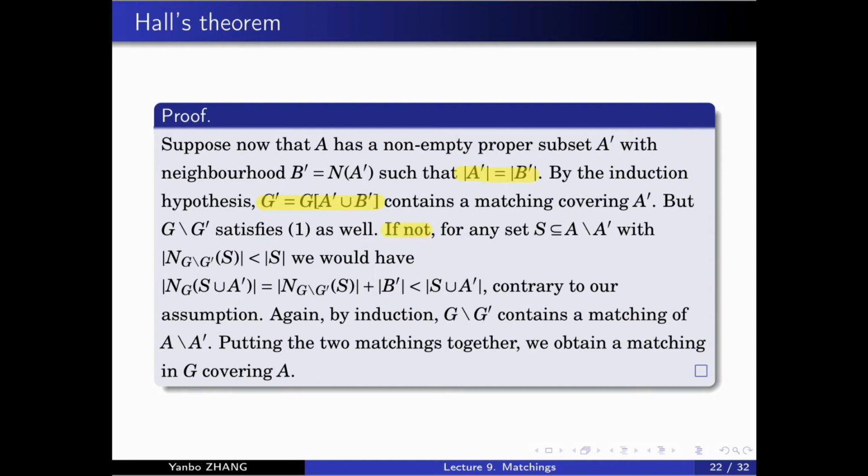If not, for some S, which is a subset of A minus A', with the neighborhood of S in the graph G minus G' less than the size of S, we would have the size of the neighborhood of S union A' equals the size of the neighborhood of S in the graph G minus G' plus the size of B'.